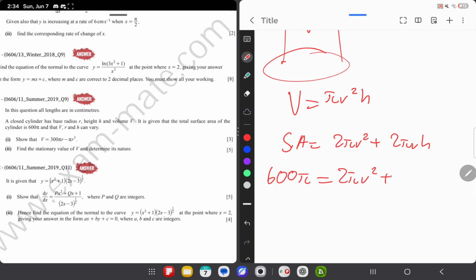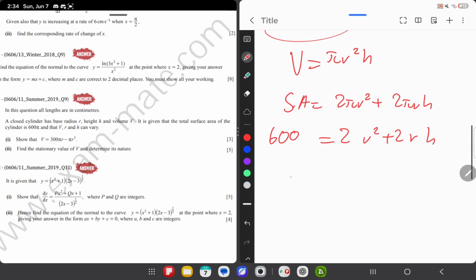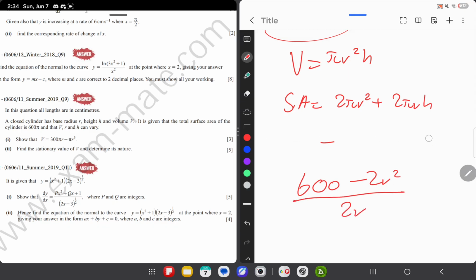So we have this expression here. We divide everything by pi, because who wants to keep pi. So we shift this over there: 600 minus 2r squared. We divide everything by 2r, and this equals h.